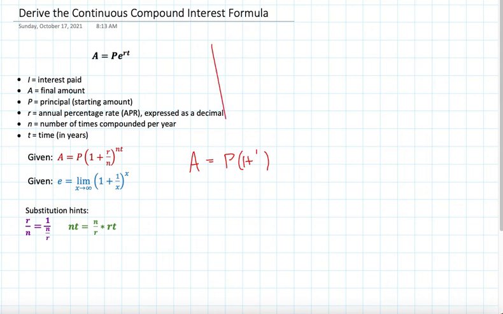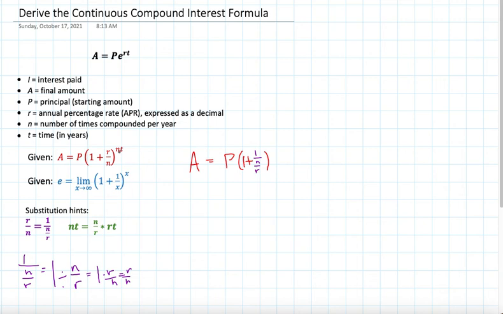Okay, so we get that so far. I'm just going to show you right over here why we can do that. 1 over n over r is the same thing as 1 divided by n over r, which is equal to 1 times r over n, which is r over n. So that's why I could replace r over n with 1 over n over r.